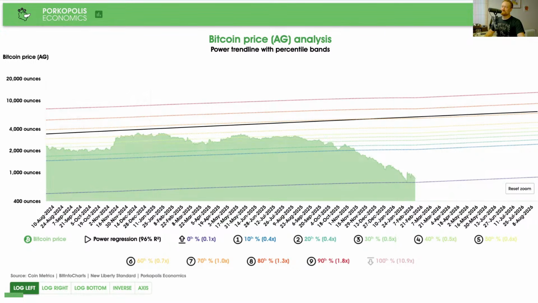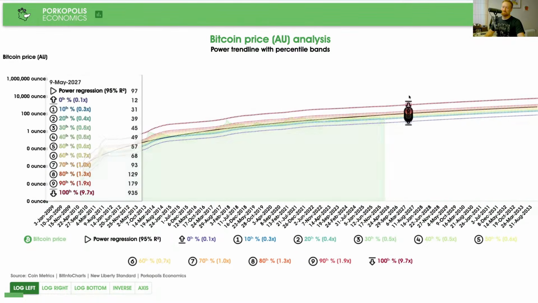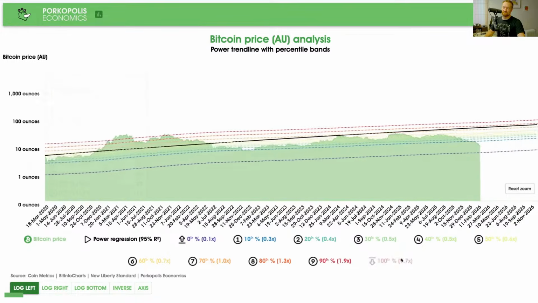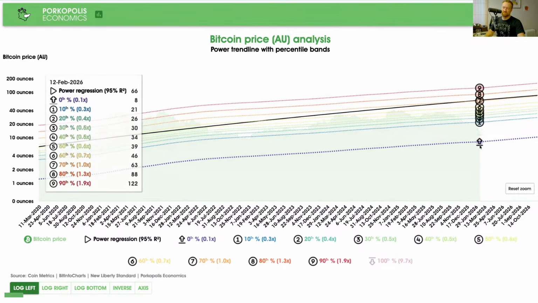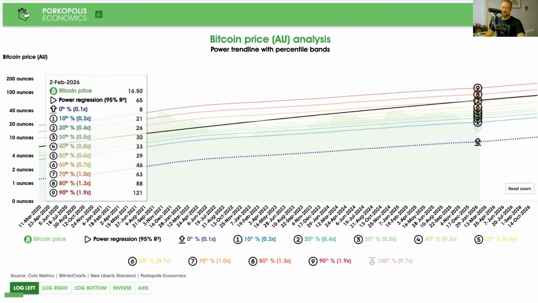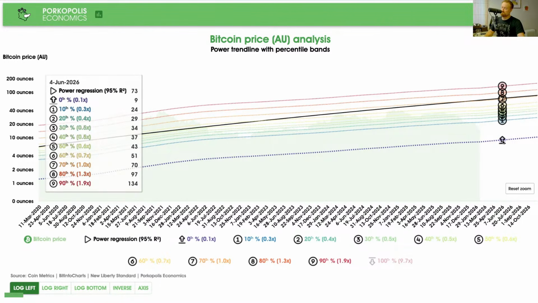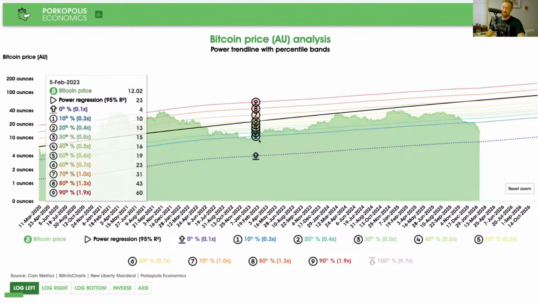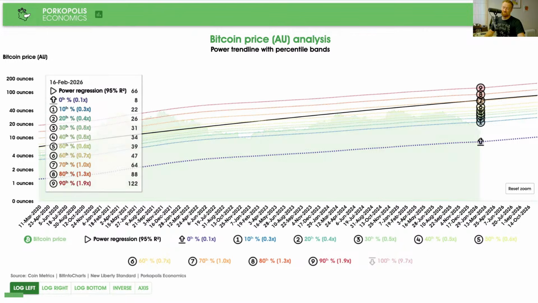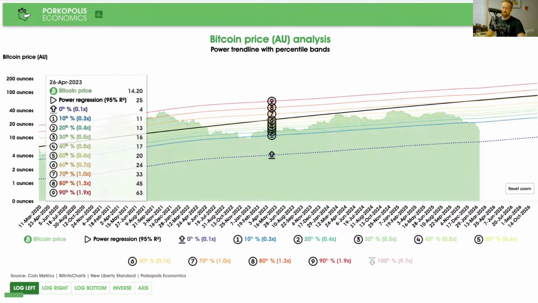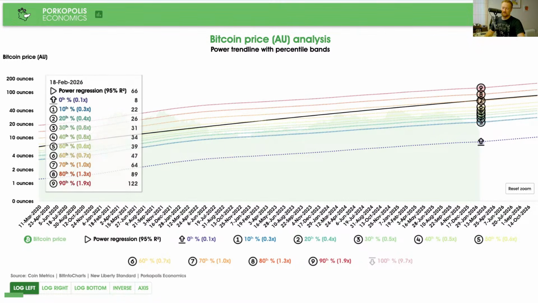Gold's still a little bit different, not as extreme even. All right. And I'm pretty confident here that we don't go below 8. Maybe we touch 8, maybe we don't, but giving gold bugs 1 Bitcoin for 8 ounces of gold, especially when Eric Sprott says he's out of the metals.